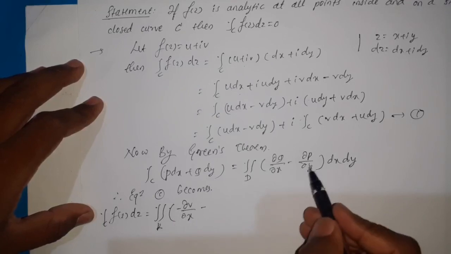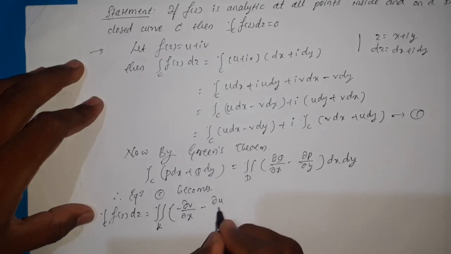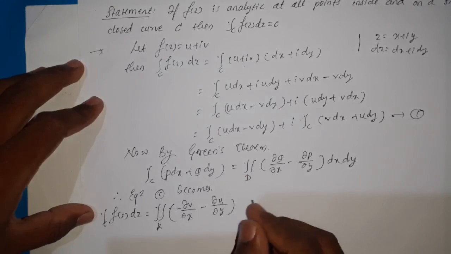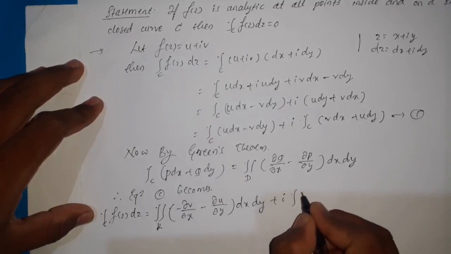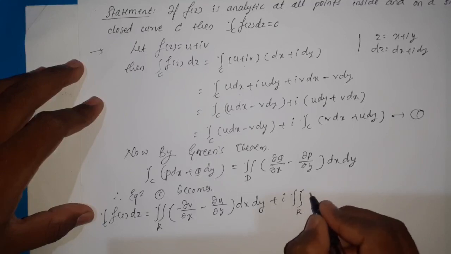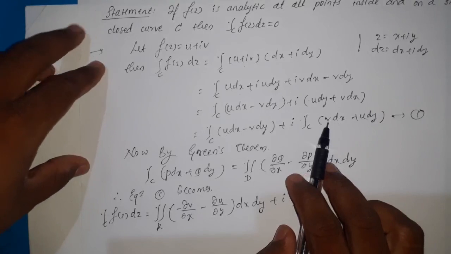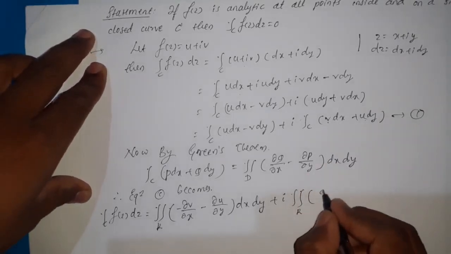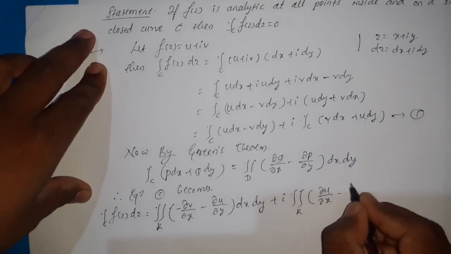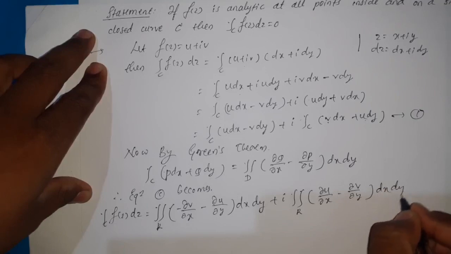Then minus dou p by dou y, here p is equal to u, that becomes dou u divided by dou y into dx dy, plus i into double integration over r, and in the second integral p is equal to v and q is equal to u. So therefore that becomes dou u by dou x minus dou v by dou y dx dy.